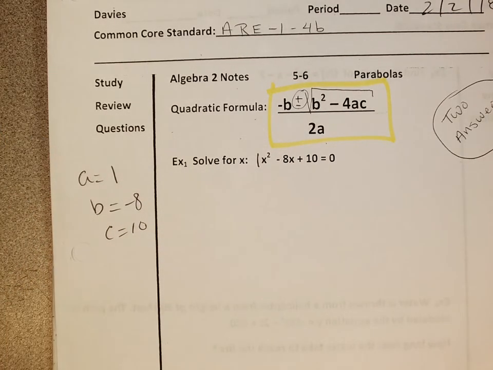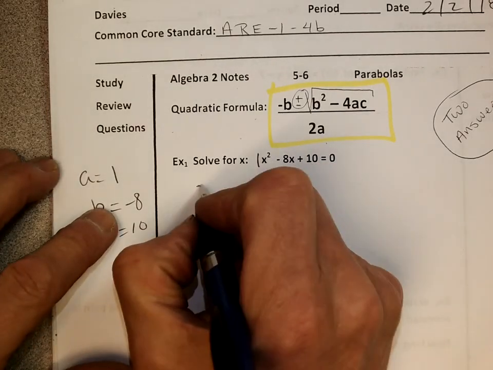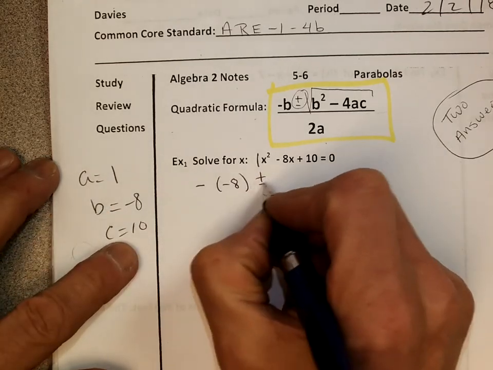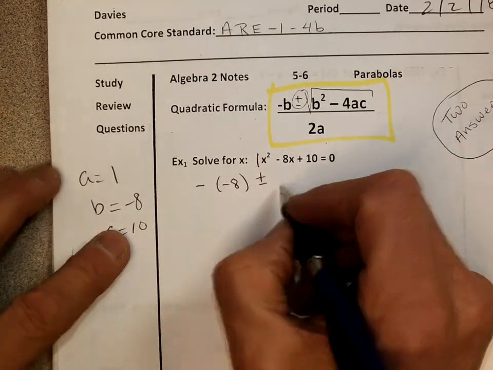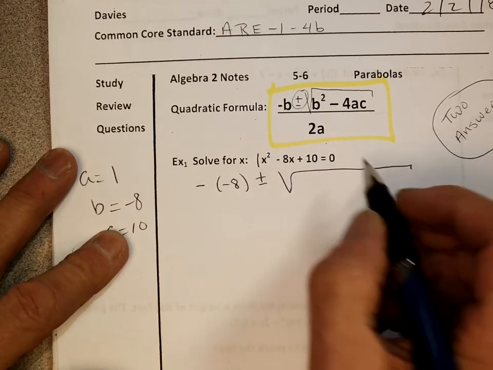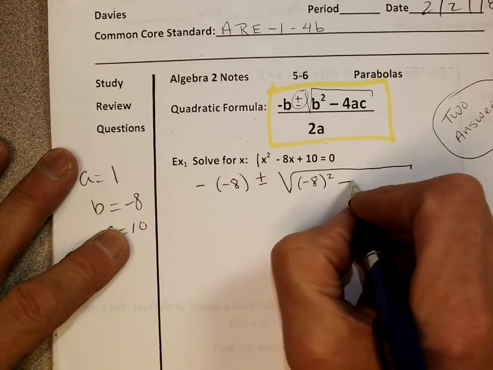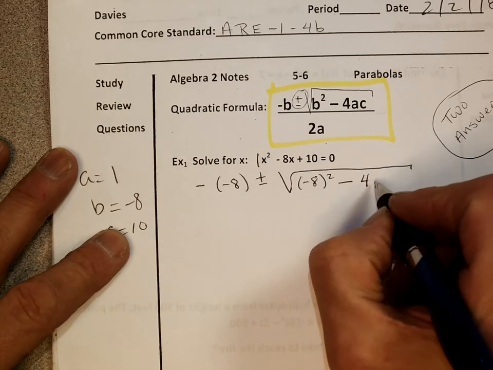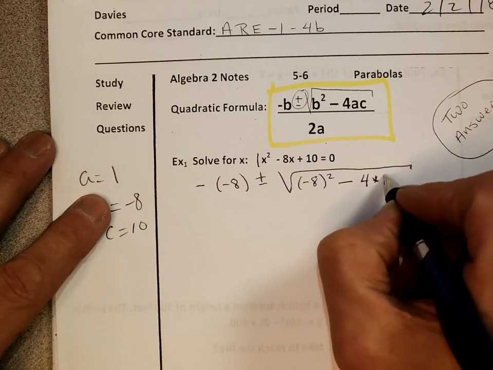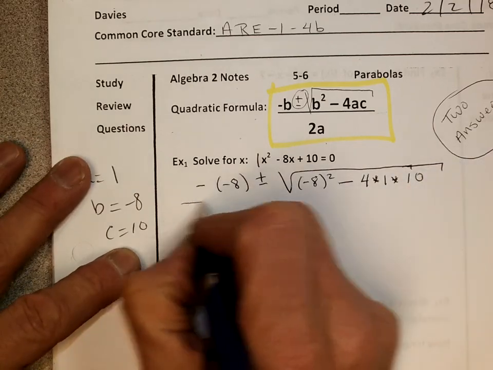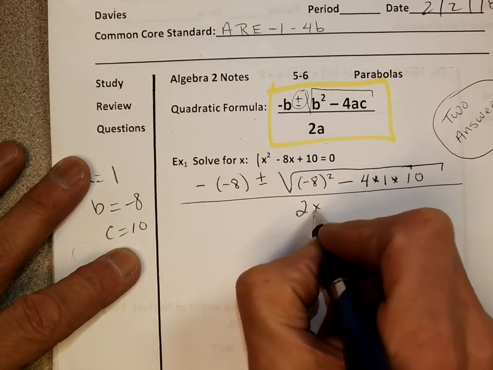I think you'll like the quadratic formula because it always works. It's just tedious. So let's go through it. Negative b, well, negative 8, plus or minus, because always two answers, the big square root of b squared, which is negative 8 squared, minus 4 times a, and a is 1, times c, and c is 10, all over 2 times a, and a is 1.